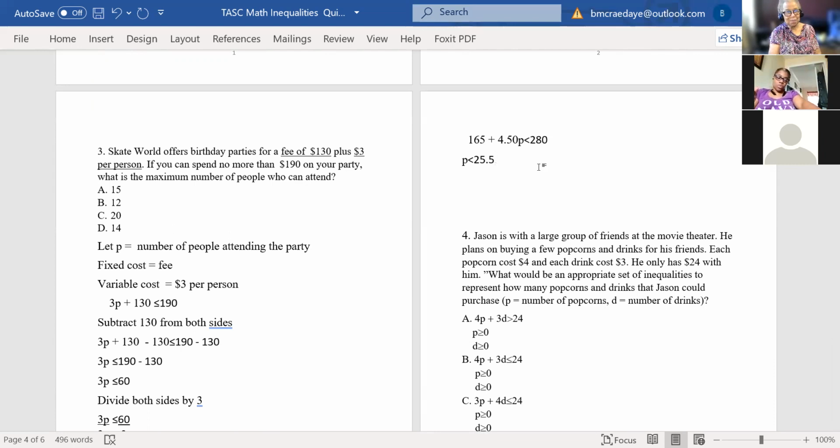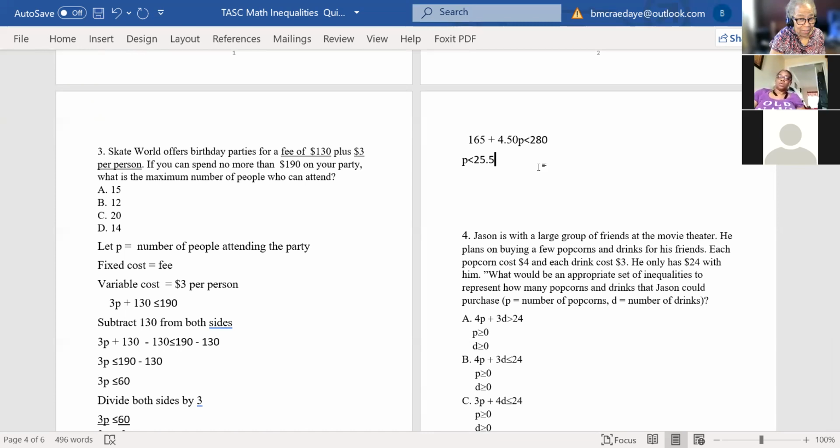Oh, 26. Vanessa, the maximum. Multiply 26 by 4.50 and add it to 165.